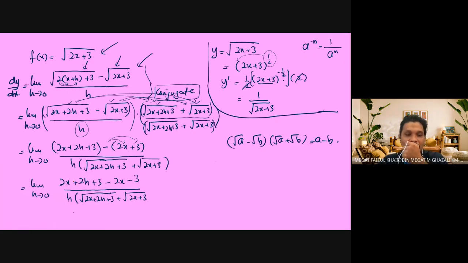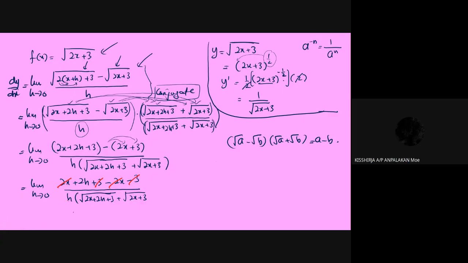Okay, so now 2x minus 2x, 3 minus 3. So what's left here now? Read for me. 2h over h times the square root of 2x plus 2h plus 3, plus the square root of 2x plus 3.